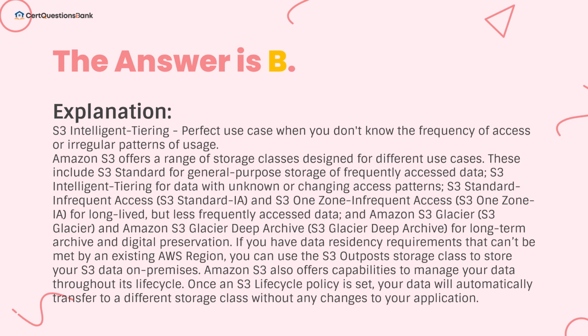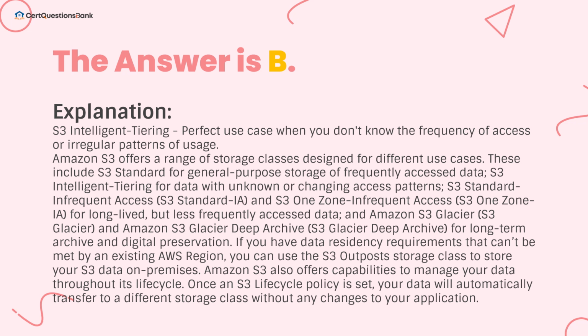These include S3 Standard for general-purpose storage of frequently accessed data, S3 Intelligent-Tiering for data with unknown or changing access patterns, S3 Standard-IA and S3 One Zone-IA for long-lived, but less frequently accessed data, and Amazon S3 Glacier and Amazon S3 Glacier Deep Archive for long-term archive and digital preservation.